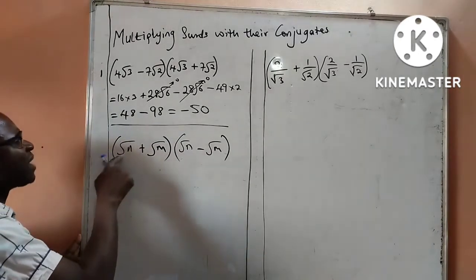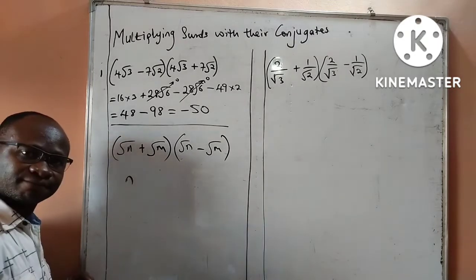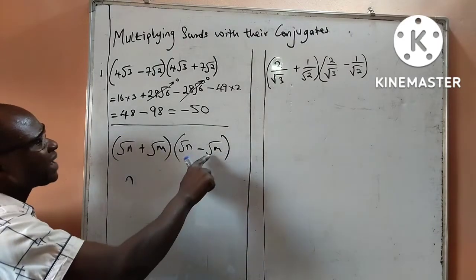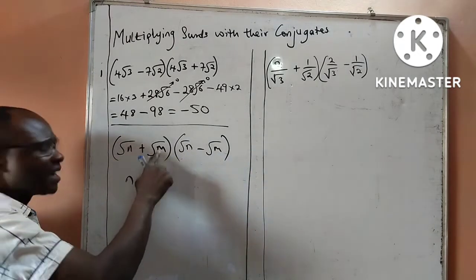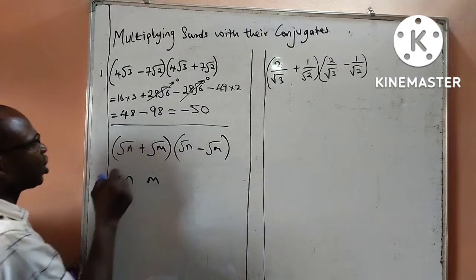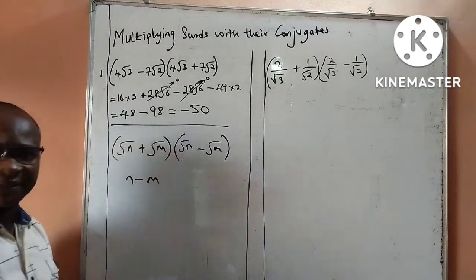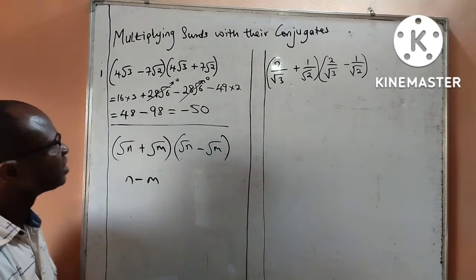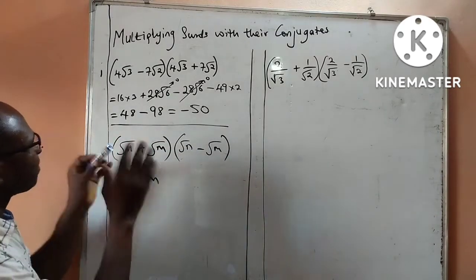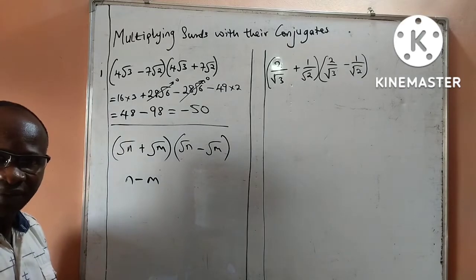So when I square the square root of n, I will get n. And when I square the square root of m, I will get m. So the difference of the two results will be the answer. That is what this multiplication is telling us.